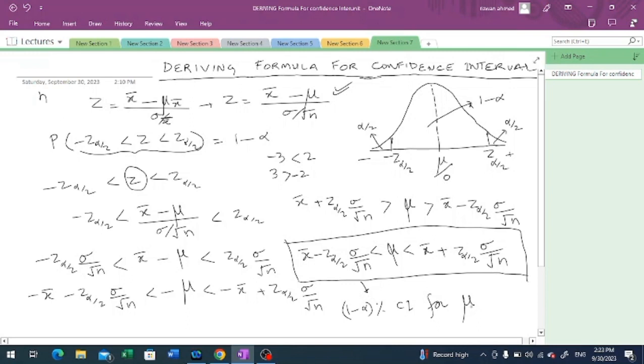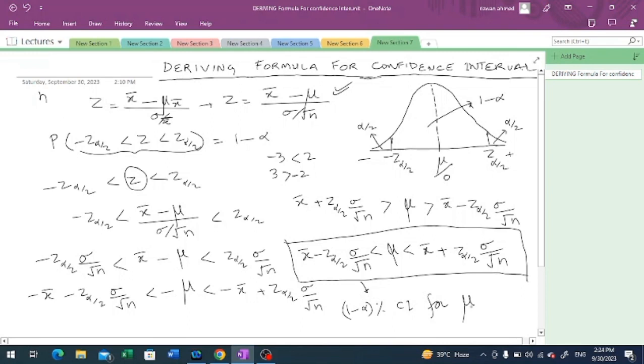We can use this formula to determine the unknown value of the population mean mu for any given data. To apply this formula, we need to have the sample size with us. We need to have either computed values of mean with us, or must be given data from which we can compute x bar values.